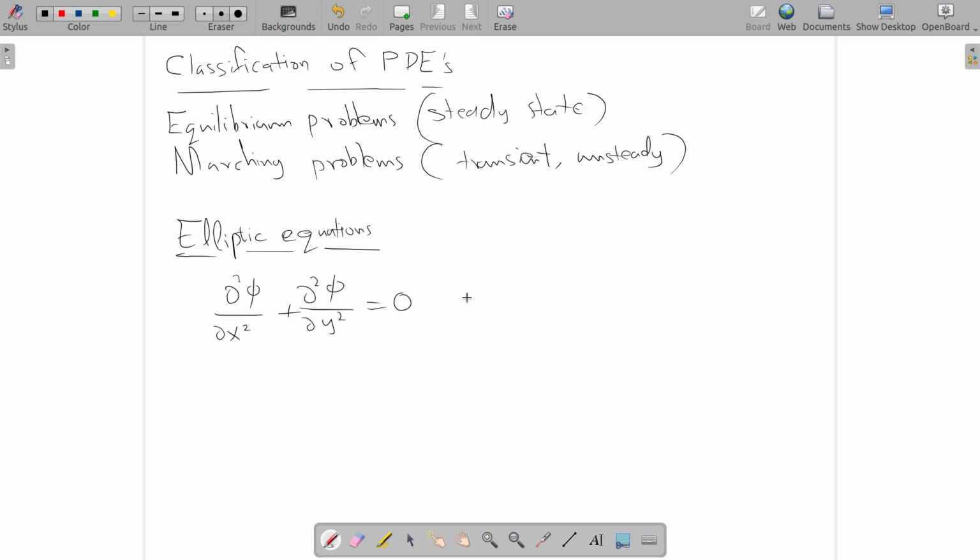So a good example is steady state heat conduction.